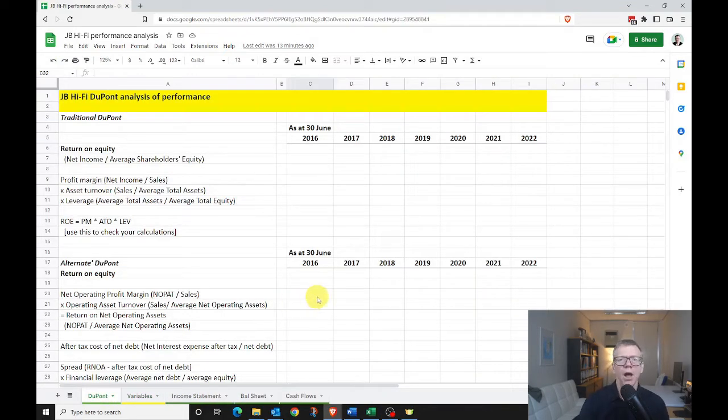Okay. Let's have a look. As a starting point, let's calculate return on equity. So return on equity, net income, it's going to be an after-tax measure, and we'll be using average shareholders' equity. So let's see what we've got.